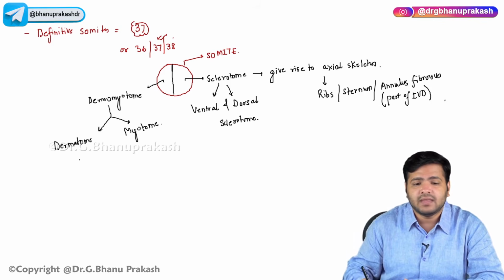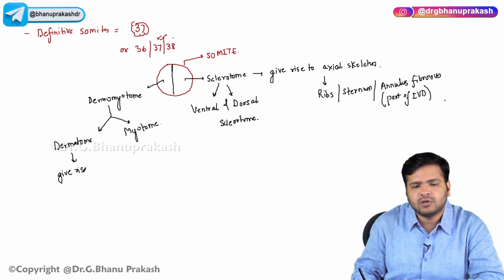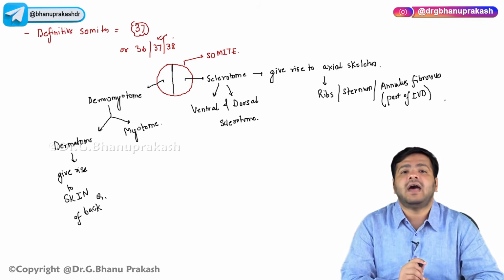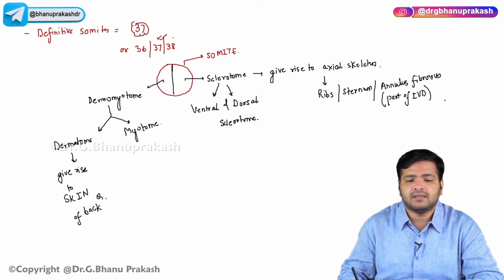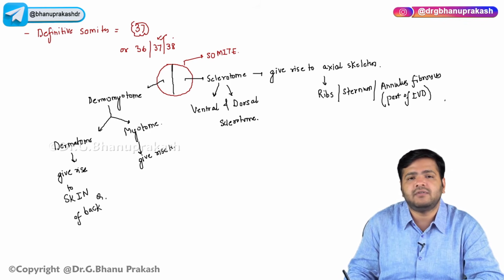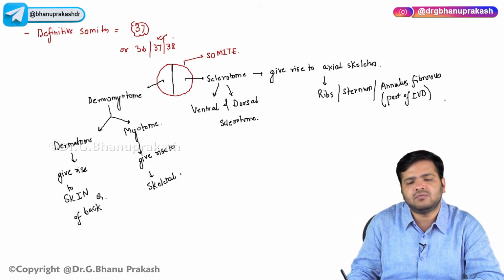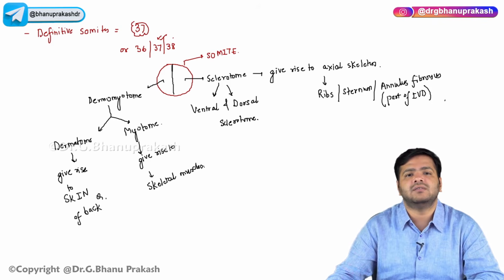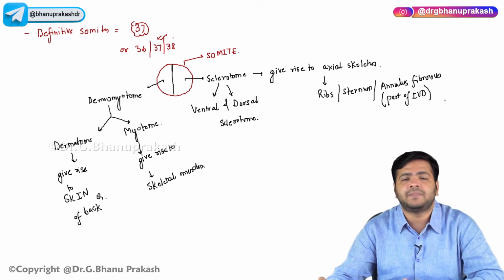So dermatome basically will give rise to skin, and especially the skin of the back, right? And the myotome will give rise to skeletal muscles, right?